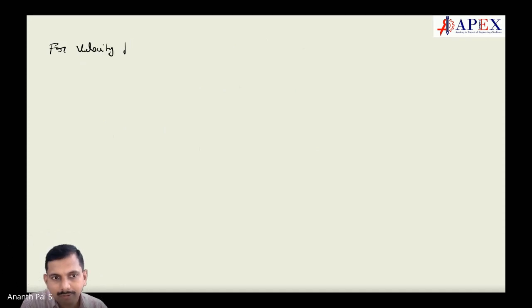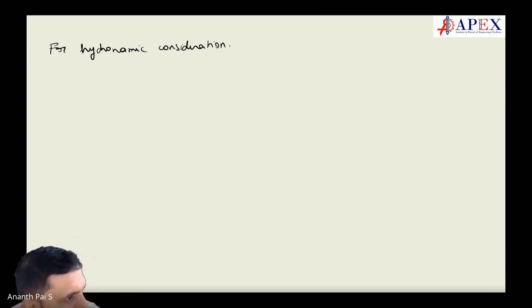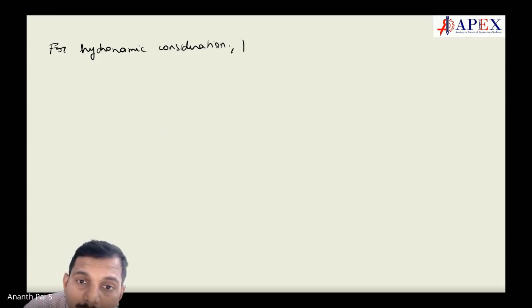For hydrodynamic consideration. Now, I've told you two things which are important. Initially, what were the two things? One is pressure drop, another one is heat transfer. For hydrodynamic consideration, pressure drop is an important factor.